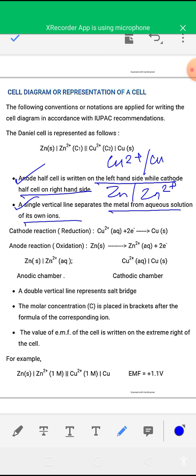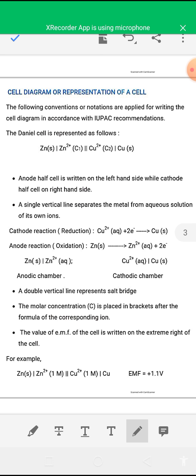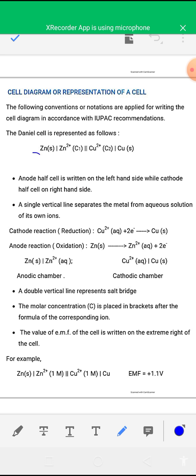Okay, because the zinc electrode is the anode, oxidation reaction takes place at the anode, so you have to write the anode as Zn slash Zn2 plus, and the copper electrode acts as the cathode, so you have to write the cathode like Cu2 plus slash Cu, because reduction reaction takes place.